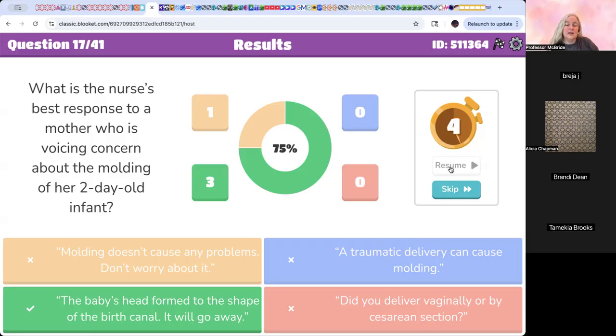Starts with a C. Nobody? Swelling on the top of the baby's head that crosses the suture lines and is normal. Okay, so this is caput.